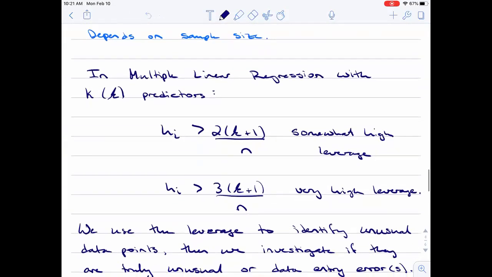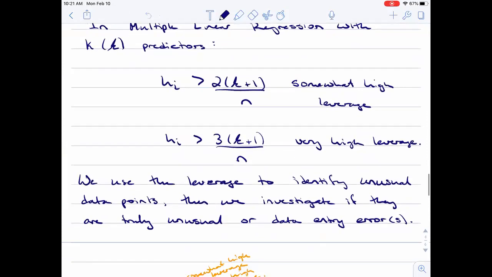If we have k predictors, then leverage, which is denoted by h subscript i, if it's greater than 2 times (k plus 1) over n, so it depends on how many predictors you have and your sample size, then we would say it's somewhat high leverage. It's high leverage if greater than 3 times (k plus 1) over n.